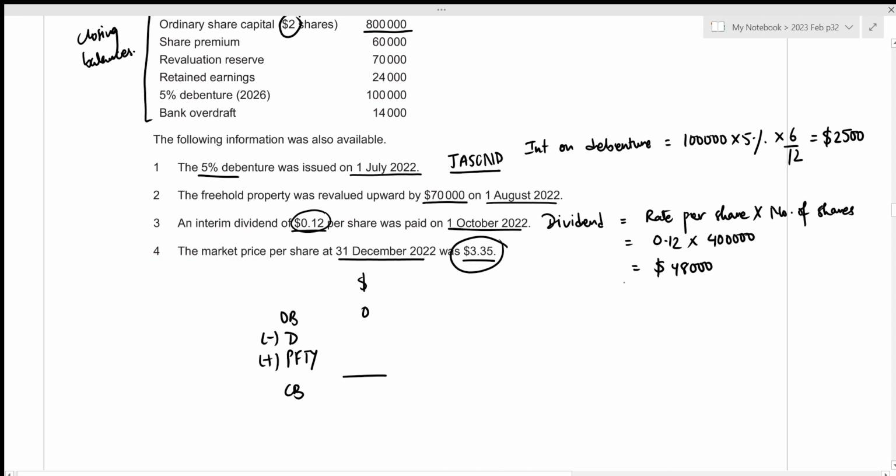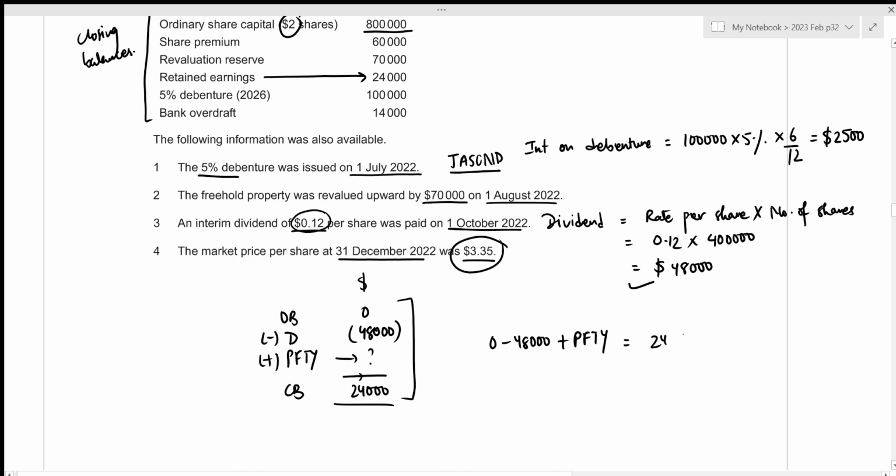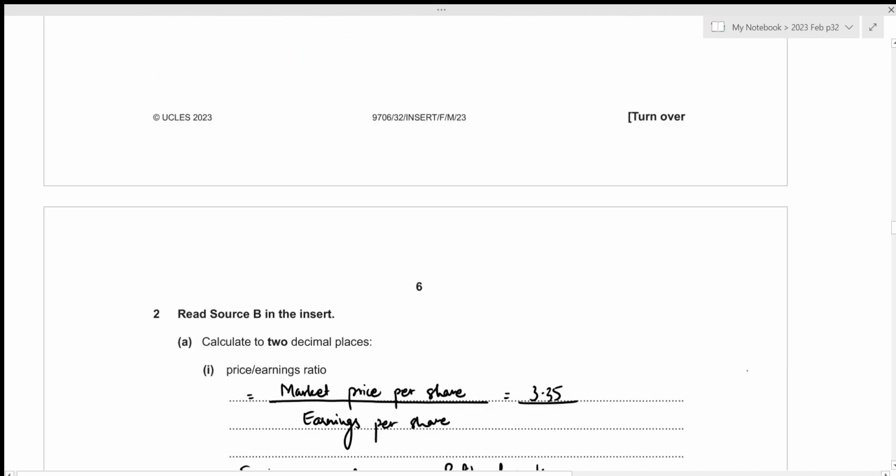We just figured out the dividend paid to be 48,000, so that should be subtracted. Now we're trying to figure out the profit for the year. We are also given the closing balance of our retained earnings to be 24,000. Let's write it in equation form. That is just going to be 0 minus 48,000 plus profit for the year is equal to 24,000. This means that our profit for the year is going to be equal to 24,000 plus 48,000, which results in the amount of 72,000.